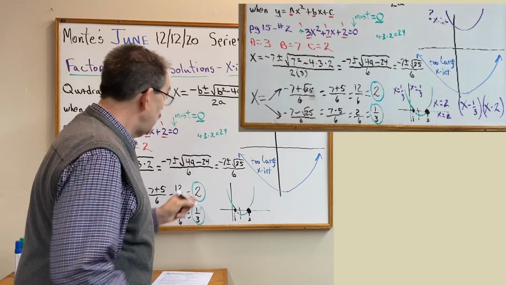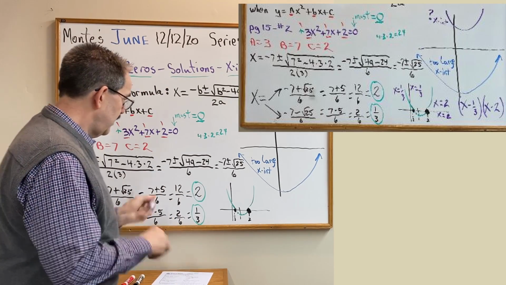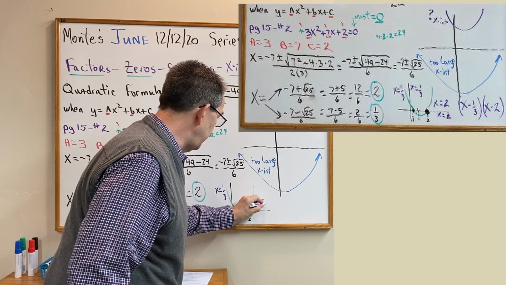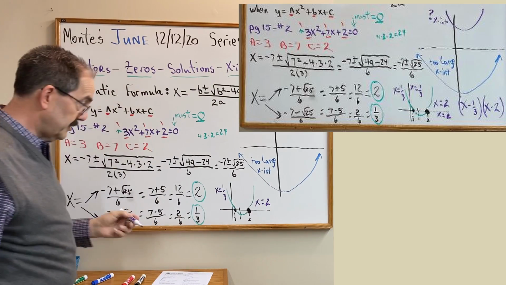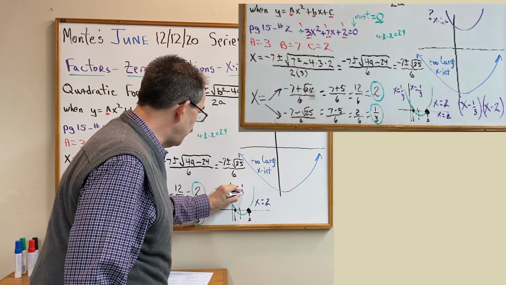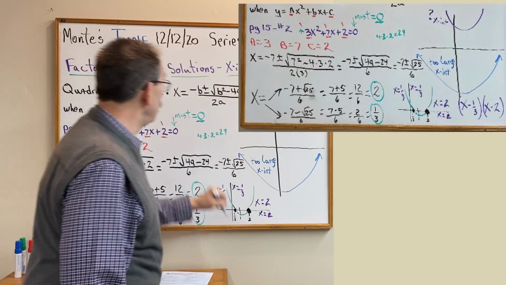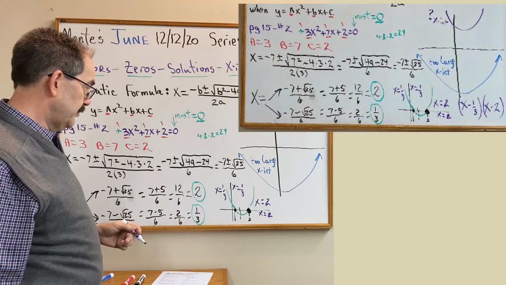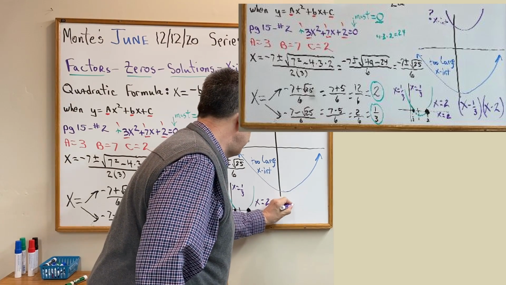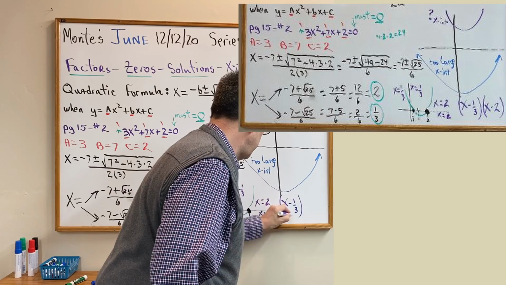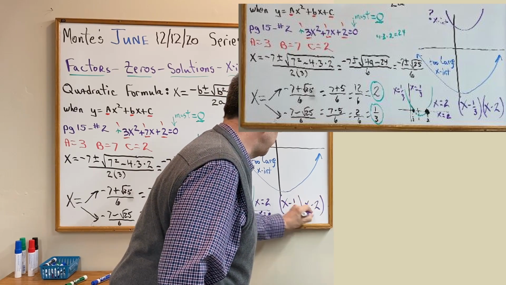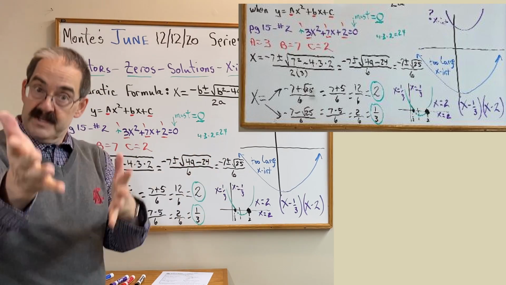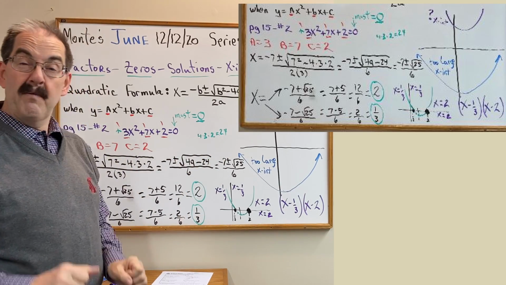So, let's write x-intercepts. X equals 1/3. X equals 2. The solutions. X equals 1/3. X equals 2. The zeros. 1/3, 2. Now the factors. X minus 1/3, X minus 2. Poof. Time consuming? Yes. Accurate? Perfect.